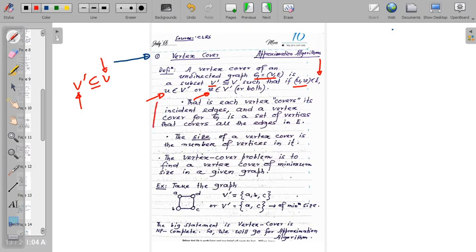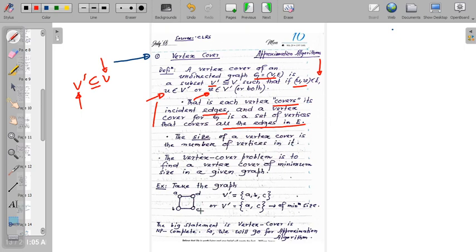In English, each vertex covers its incident edges, and a vertex cover for G is the set of vertices that covers all the edges in E. The size of the vertex cover is the number of vertices in it.